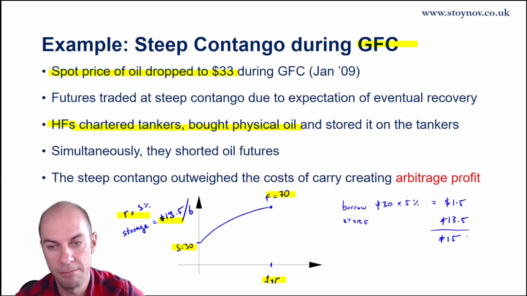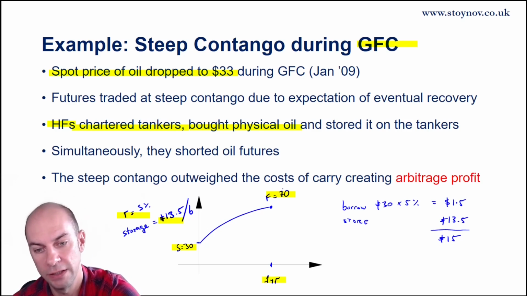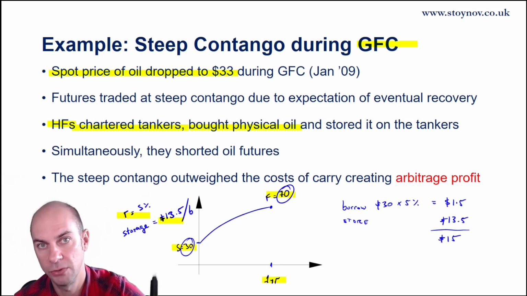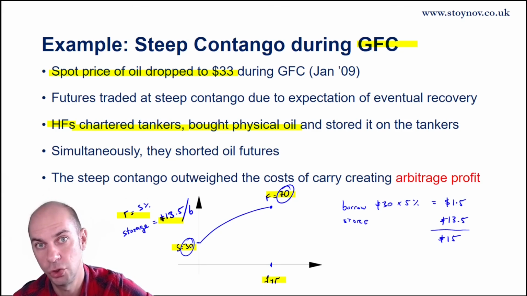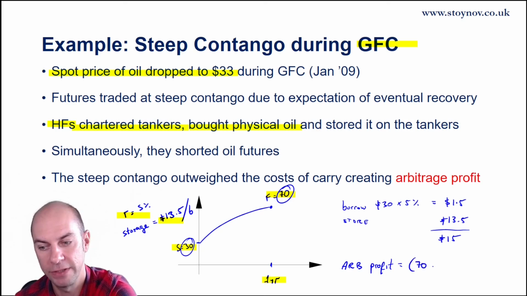Now, remember that the profit that we are going to make is the difference between the futures price and the spot, because we are essentially buying the oil today at 30, selling it in the future at 70. So the arbitrage profit here is the delta between 70 and 30. That's $40.